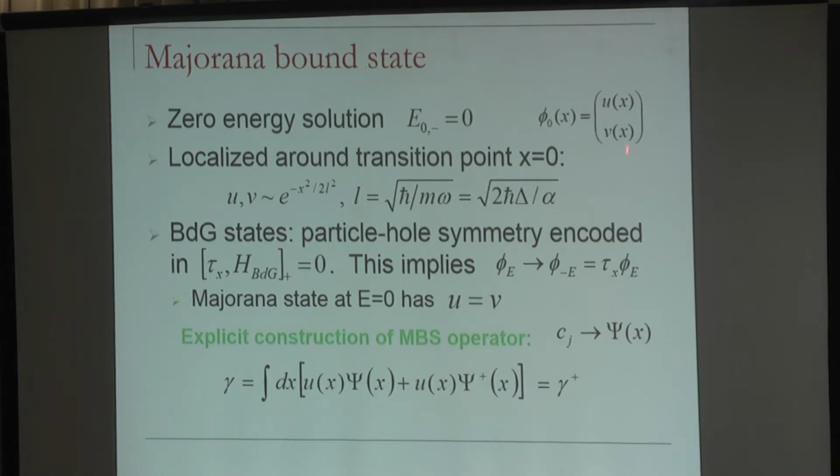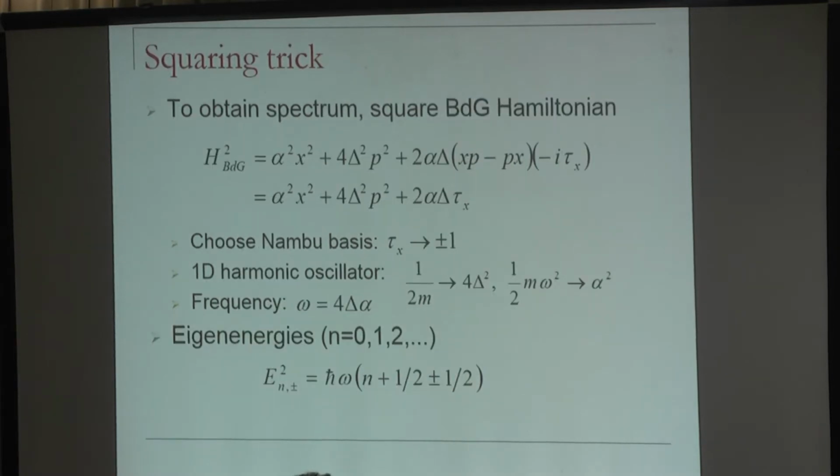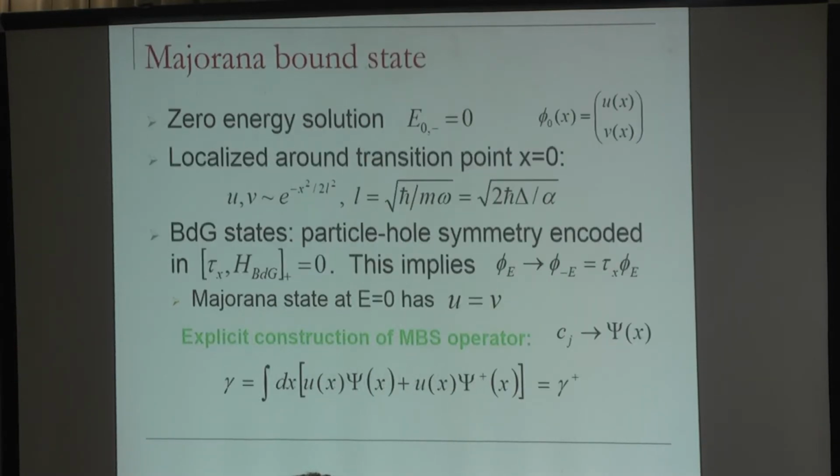That means the wave functions, so we are in Nambu space, have a particle and a hole component. They must go in a Gaussian fashion, so we will have e to the minus x squared over twice the length scale of the harmonic oscillator squared. If you plug in our conventions for m and omega from these substitutions, you simply get this here.